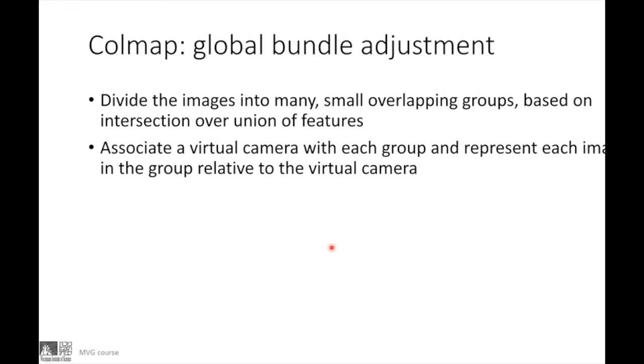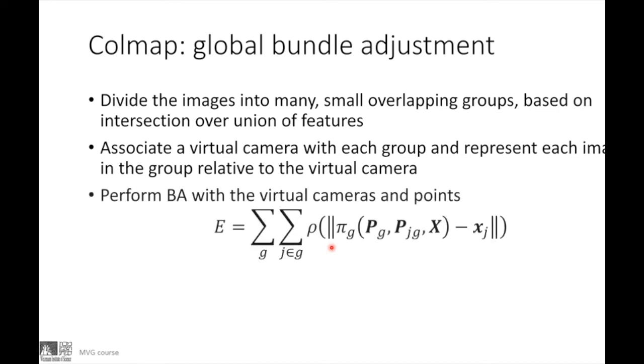For every group, they defined a virtual camera and computed the camera of each image relative to the virtual camera, okay, and then they perform bundle adjustment with the virtual cameras. So pi is the projection given the virtual camera G and the relative camera JG.